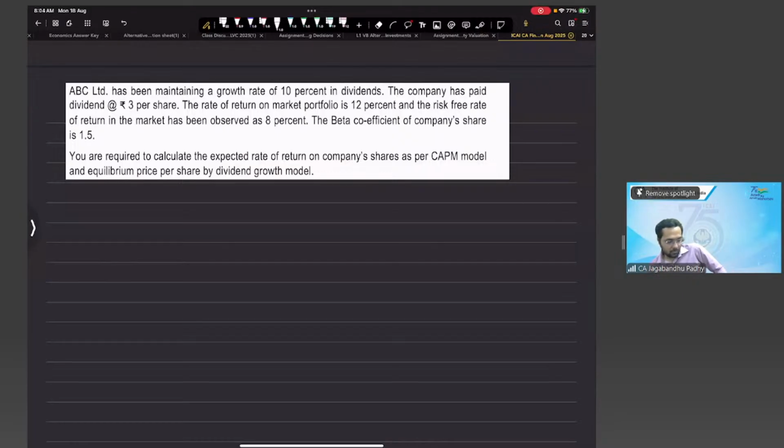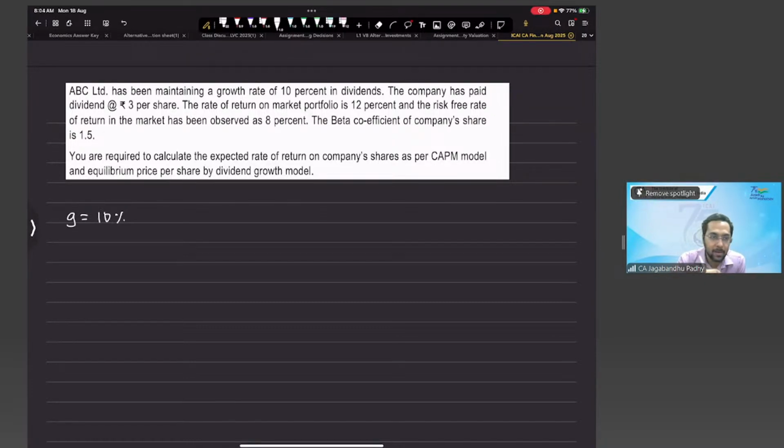So we have ABC maintaining a growth rate of 10% in dividends, so we have the growth rate as 10% given to us. The company has paid a dividend of rupees 3 per share. So what is this 3?